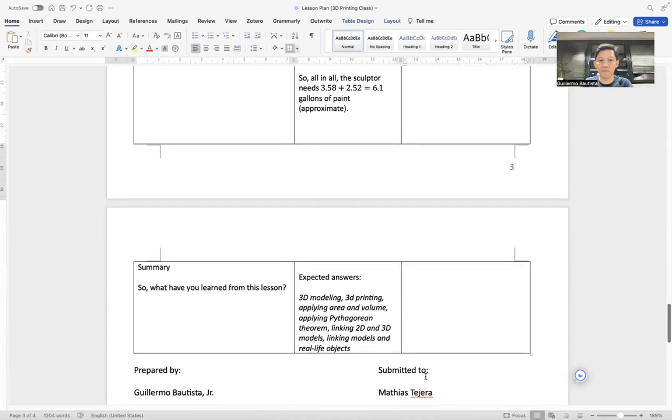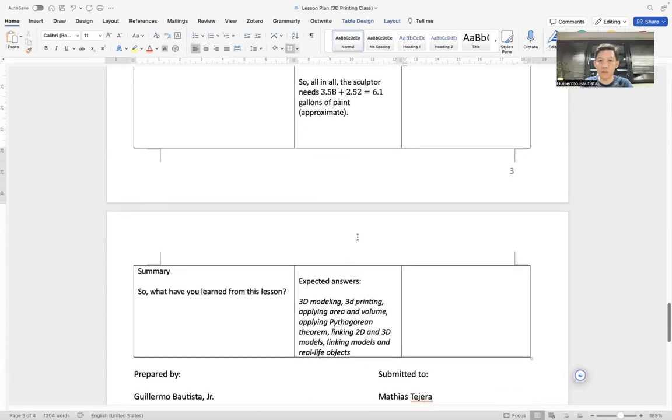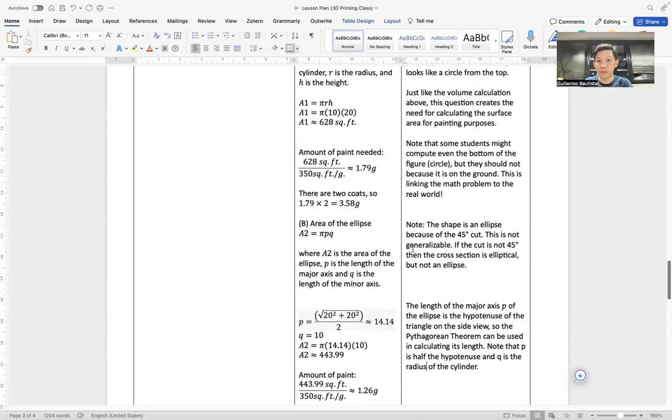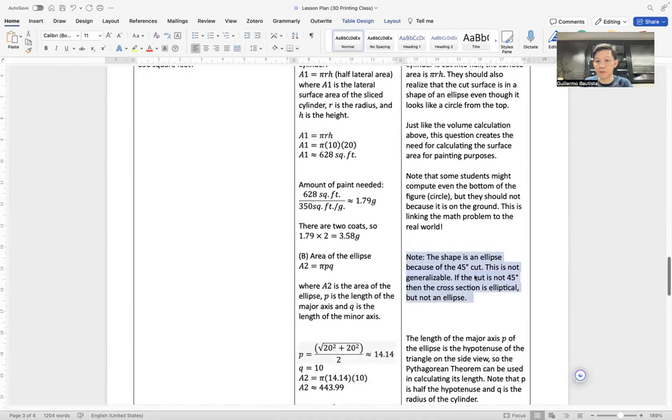And lastly, what have you learned from this? So by the way, before I end, note that the shape is an ellipse because of the 45 degree cut. The angle is 45 degrees.